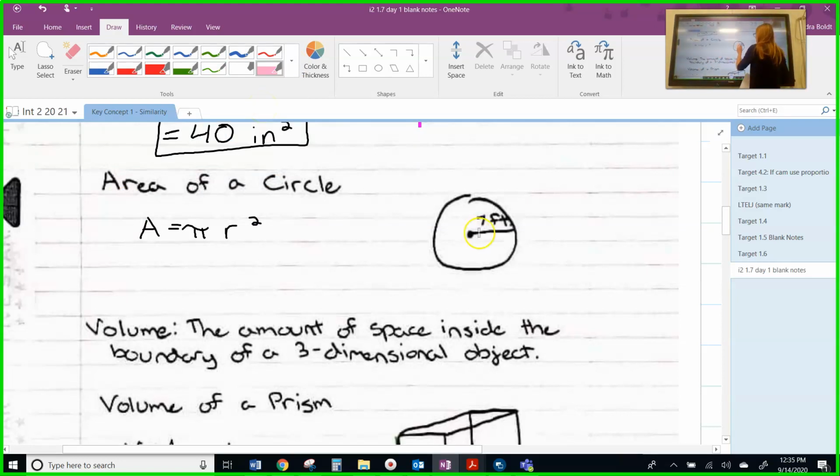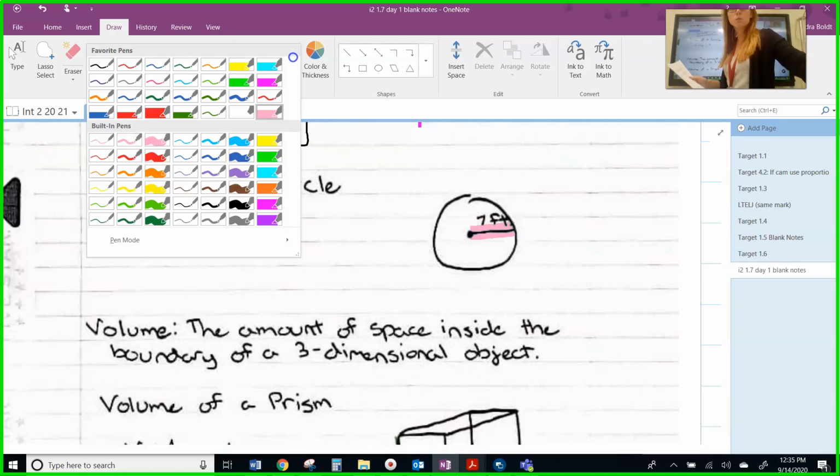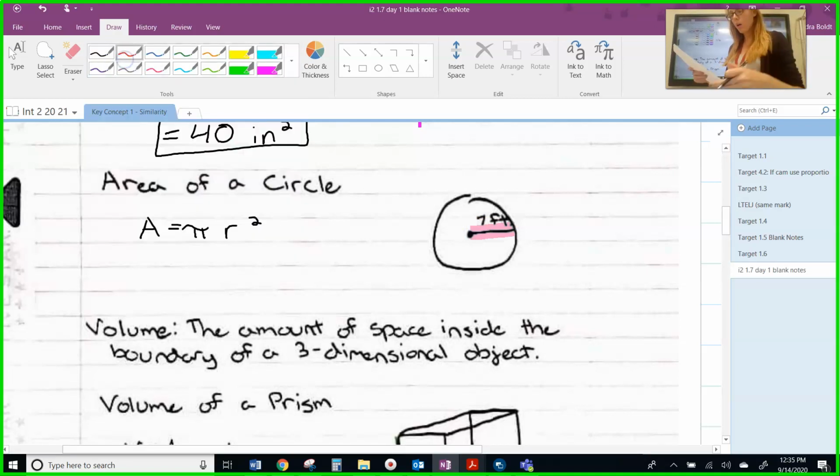Well, r is this right here. R is actually our radius.